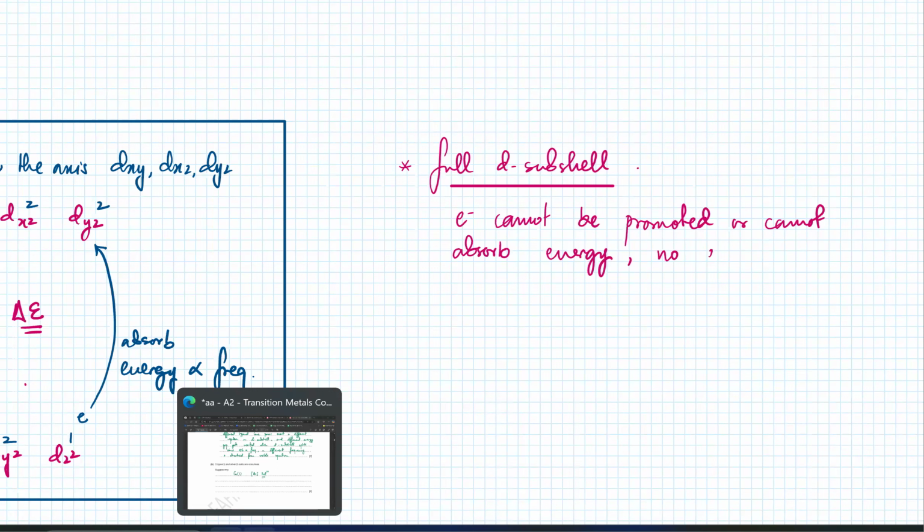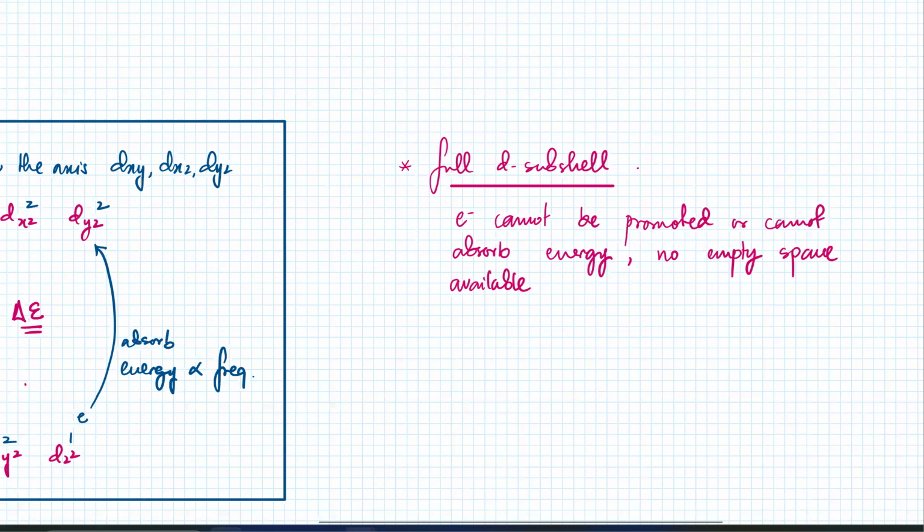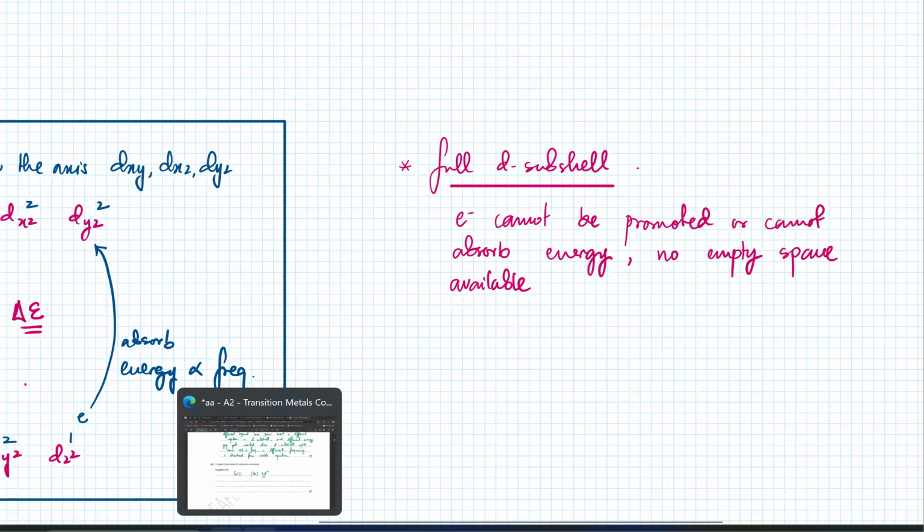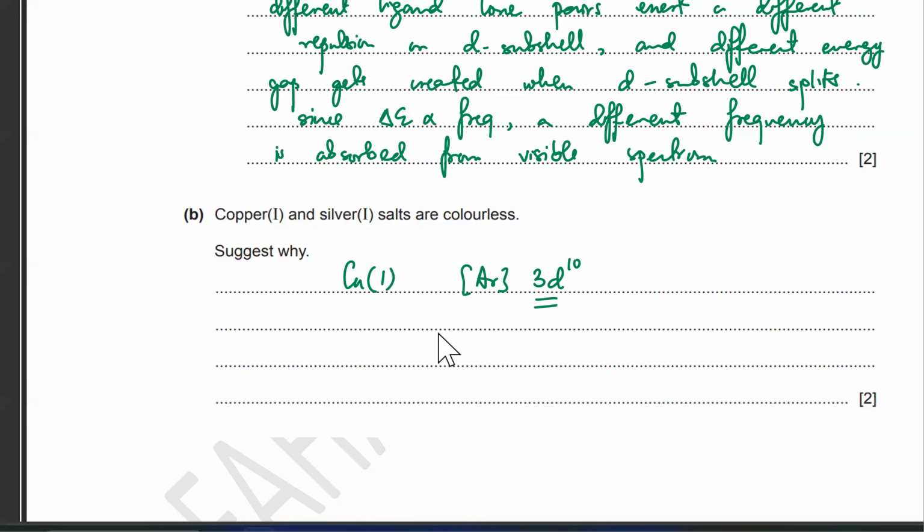Because there's no empty space available. Where would they go if they absorb energy? So they wouldn't be able to switch their d orbitals. So you need some empty spaces so electrons can jump from one to the other.